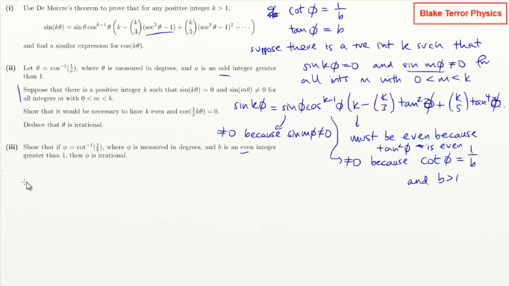So if sine k phi equals 0 and k is even, then we can go into the cos one.